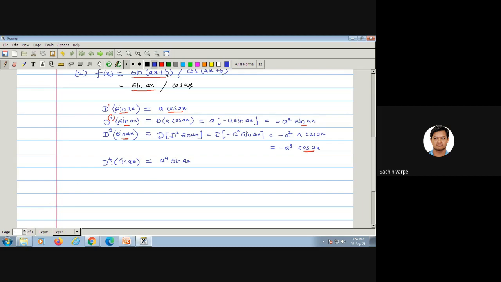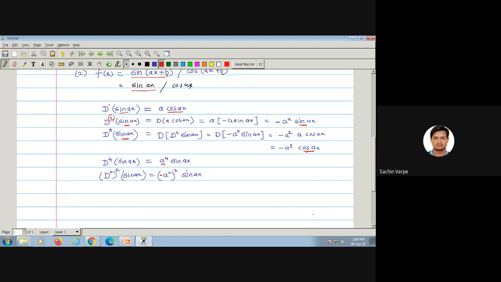So here I can write d raised to 4 as d square, whole square, of sine ax, and this a raised to 4 can be written as minus a square, whole square, sine ax. Will it change if I give the negative sign here? Minus a square, squared, will be plus only, so we get a raised to 4 only, isn't it?